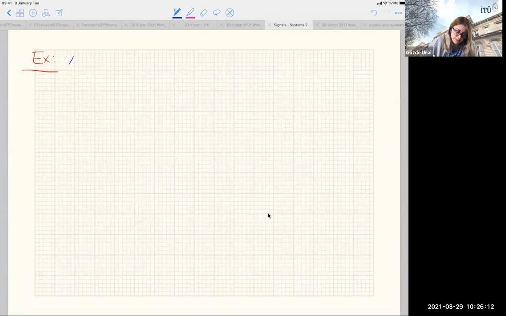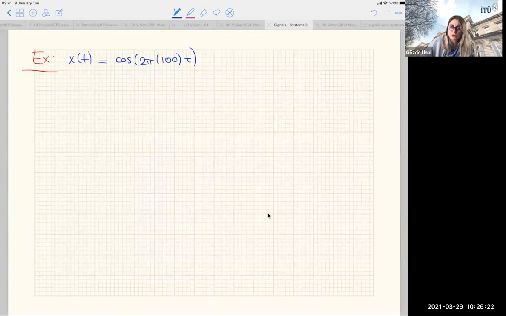This is a sinusoid. Let's start even with continuous time and sample it: cosine 2 pi 100t. Remember, this is a 100 Hertz signal, so you can directly say it's 200 pi radians per second. F0 is 100 Hertz, and T0 is 0.01 seconds.